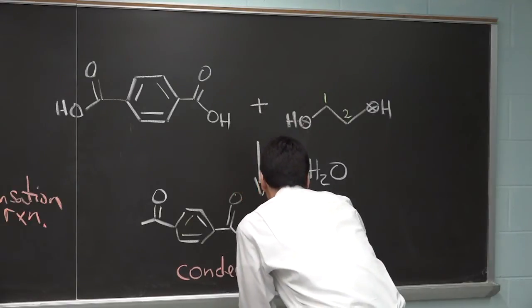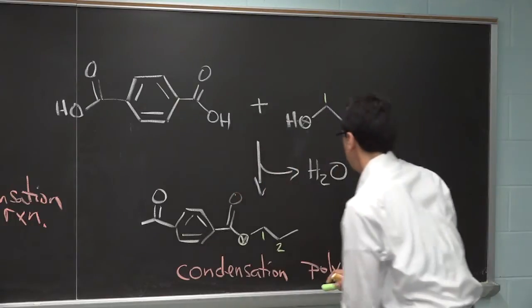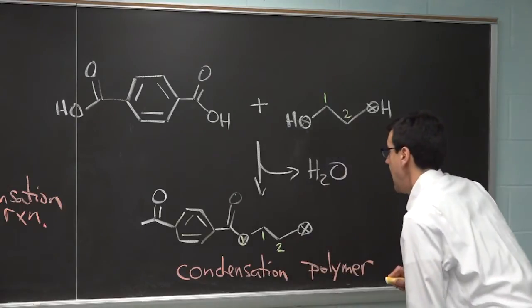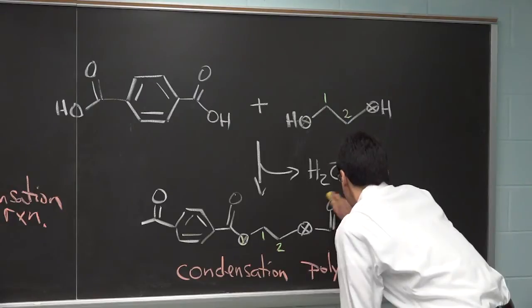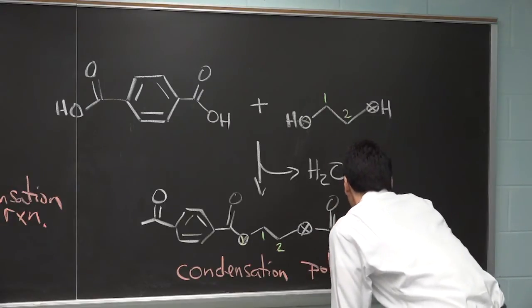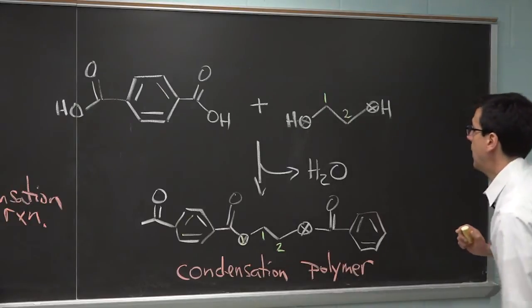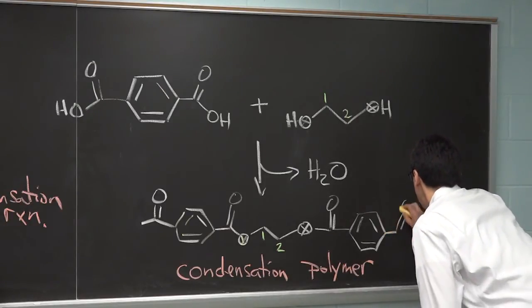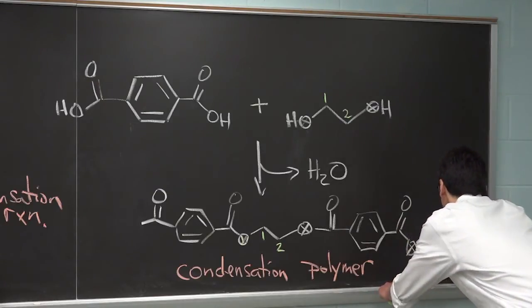That oxygen is connected to carbon 1, which is then connected to carbon 2. On carbon 2, there's another O. And then this O would be attached to the carbonyl of another molecule of this originally dicarboxylic acid. And so on.